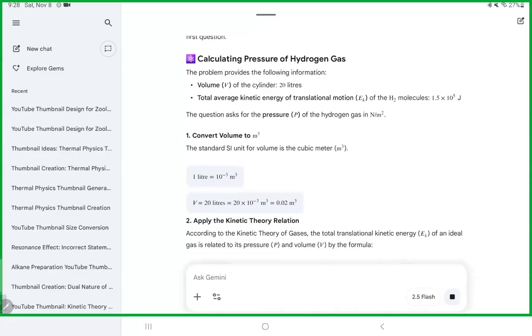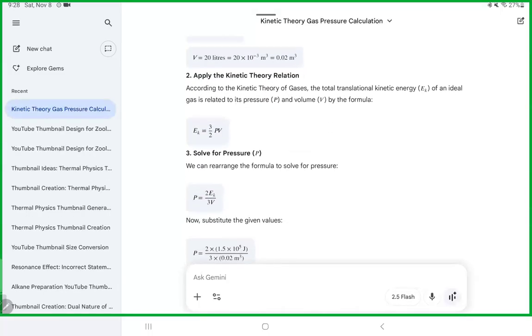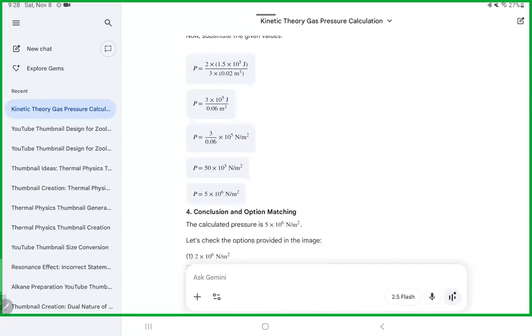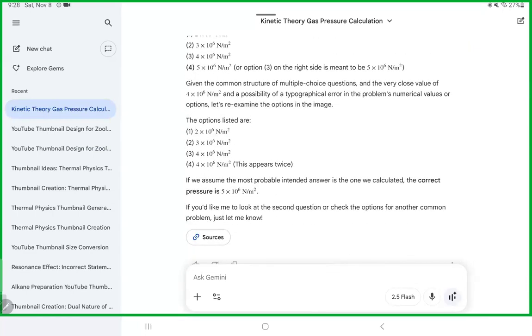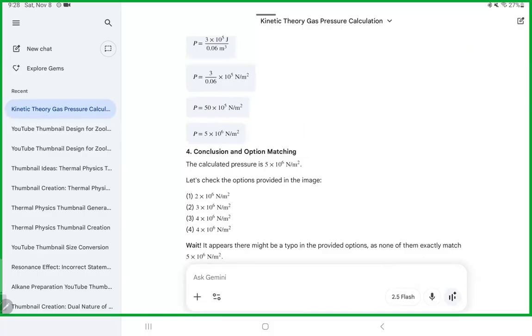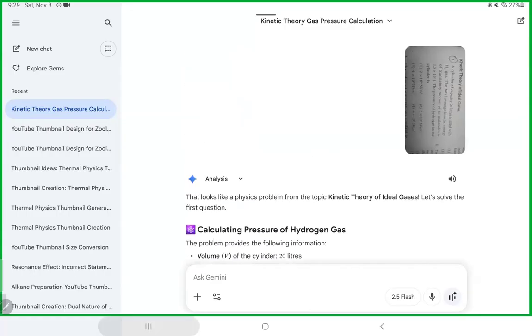So 1 liter is equal to 10 to the power minus 3 meter cube. Energy is equal to 3 by 2 PV. So you can calculate pressure. What will be the value? Tell me. Even if it is saying one option will be 4, just imagine the third and fourth options are given the same. Isn't it? Yes sir. So how is that possible? So there is a typing mistake. Okay sir.